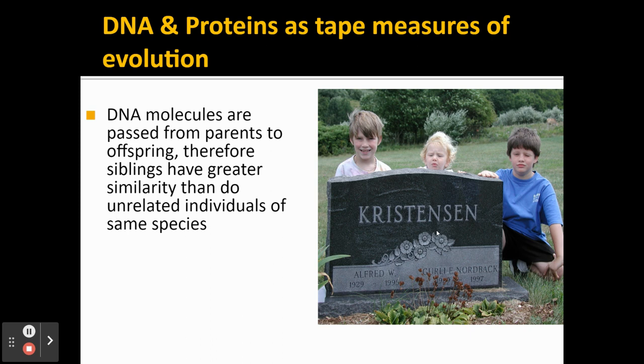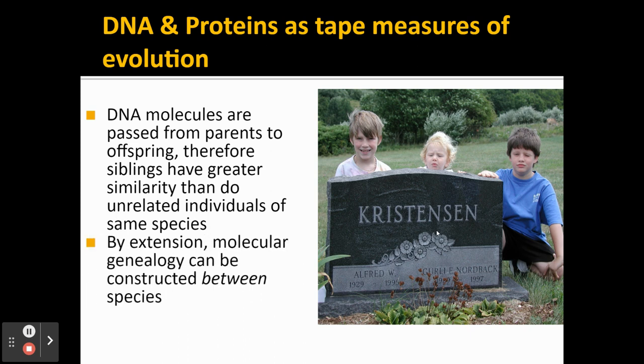We were passed from their mother and father, my grandparents, and it just keeps on going back and back further. And as you guys probably know, you may resemble one of your grandparents, or maybe even a great-grandparent. And again, the more closely related you are, the more similar your DNA is.